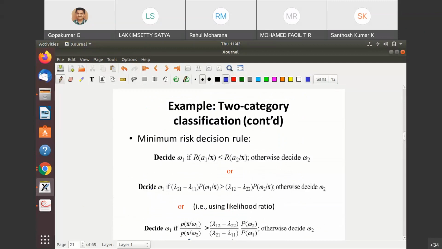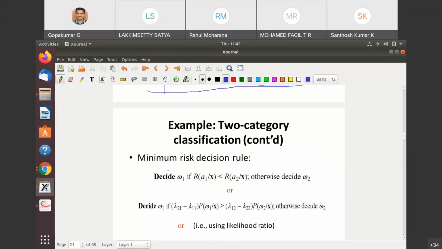Then, what is going to be the minimum risk decision rule? Usually when we have a classification problem, we have to define a decision rule, and based on this decision rule we take an action or a decision. For example, we have already seen the Bayes decision rule with respect to posterior probability.